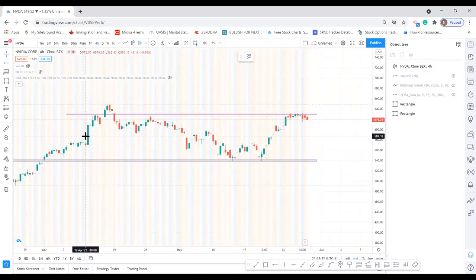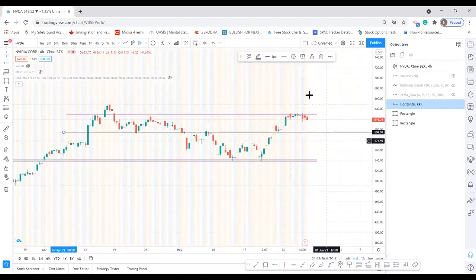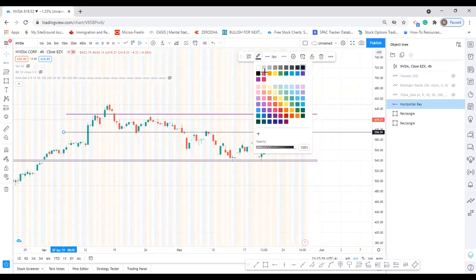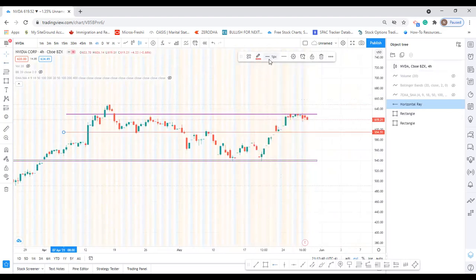Now if I do this area here, the black, I'm going to make it red so you can see it, and a little bit darker. So if you see here, can I make this red line my another support and resistance area?